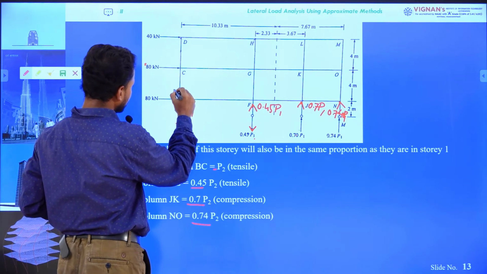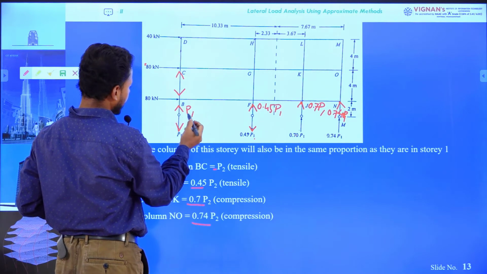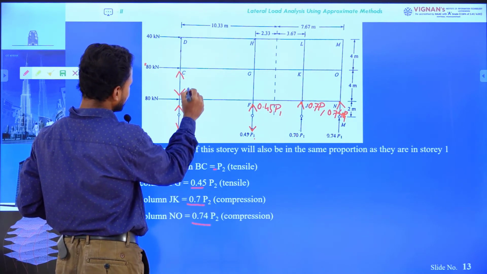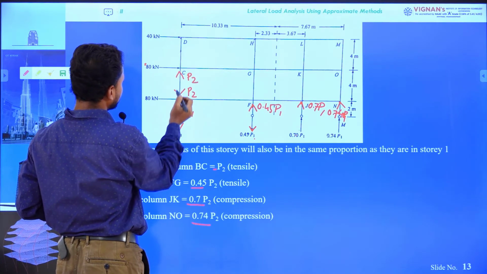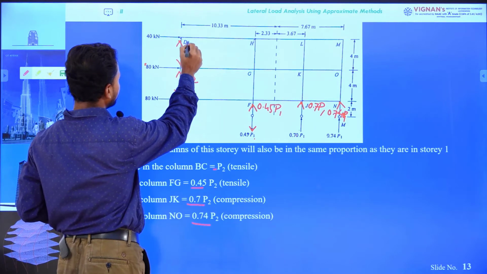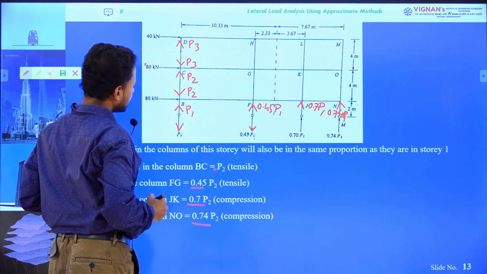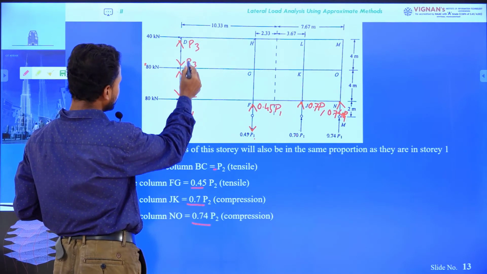So we can draw this force direction in this way, as this is P1, this is P1, so this will be P2, this will also be P2, and the direction will be like this. This will be P3 and this will be P3. Okay, so P1 P1, P2 P2, P3 P3.